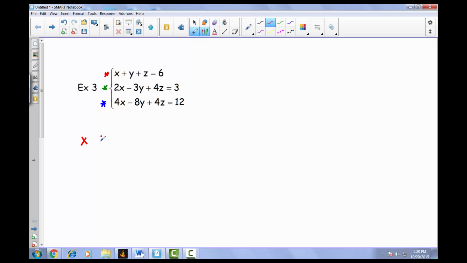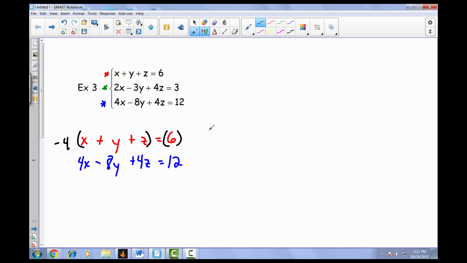So we have x plus y plus z is equal to 6, and our blue one, 4x minus 8y plus 4z is equal to 12. Just like we said, we're going to multiply this top one by -4 on both sides.